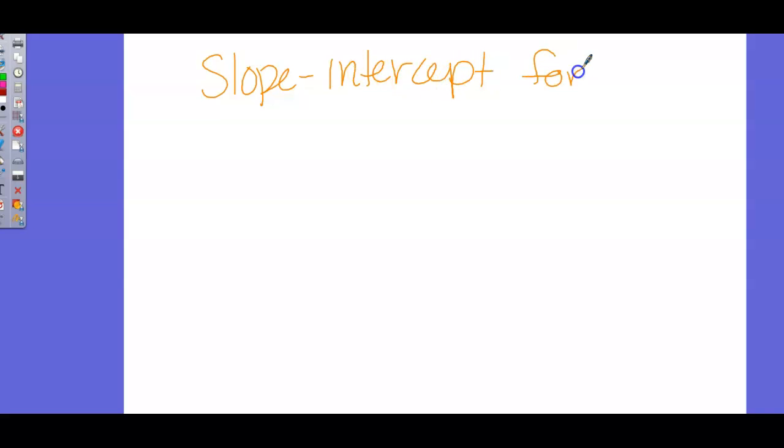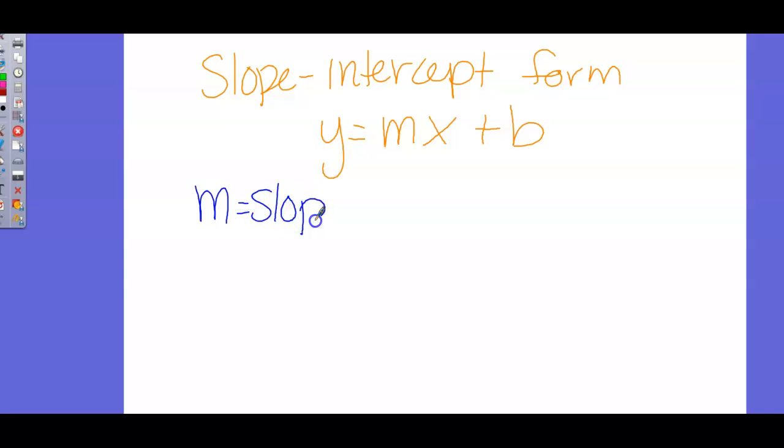And if you remember slope-intercept form, that was y equals mx plus b, where m is the slope. And if you remember anything about slope, hopefully you remember it means rise over run. It talks about a constant rate of change.